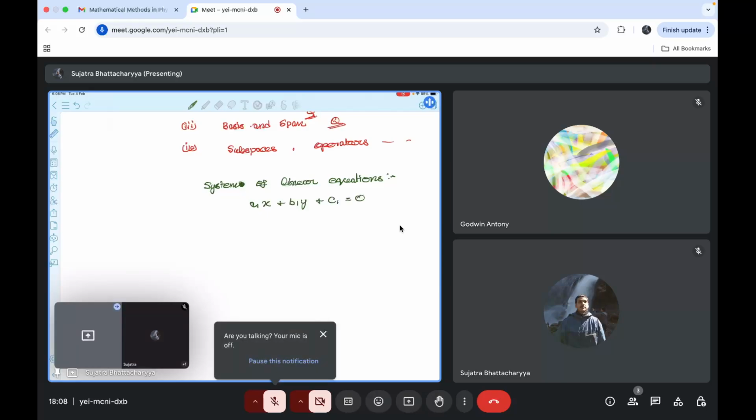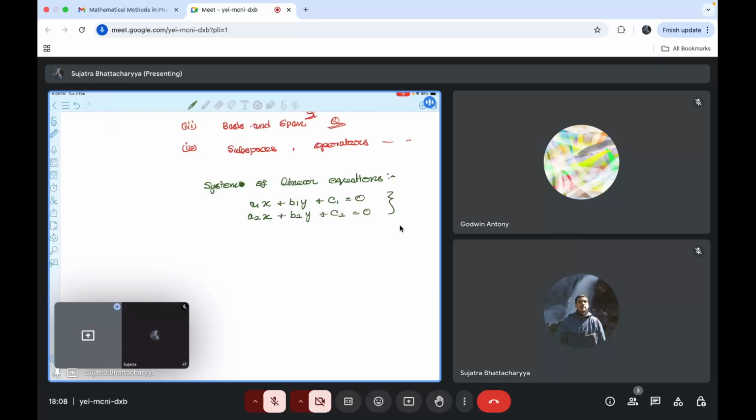I'm just using two unknowns for the time being, but when we solve some questions, there may be three unknowns and three equations. And then you have a2x plus b2y plus c2 equals 0. Suppose, for example, this is a set of linear equations, right?